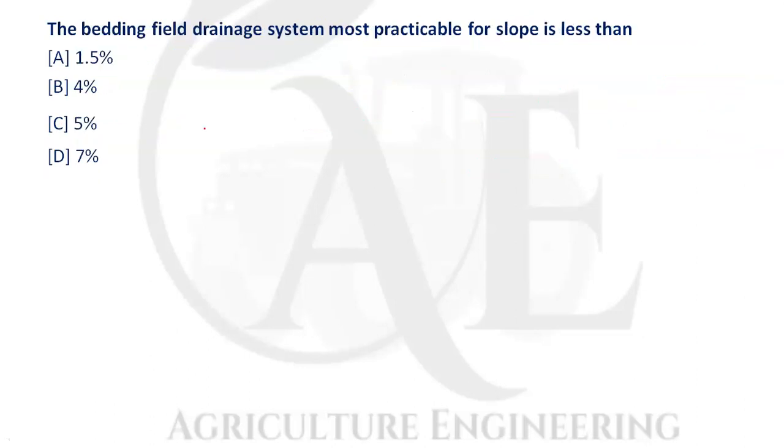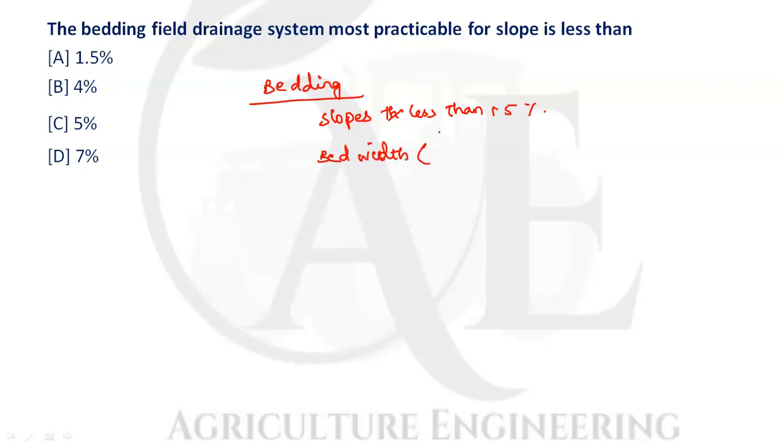Next, the bedding field drainage system is most practicable for slopes less than what? Actually, bedding is always for slopes less than 1.5 percent, and the bed width varies from 7 to 11 meter for very slow internal drainage.